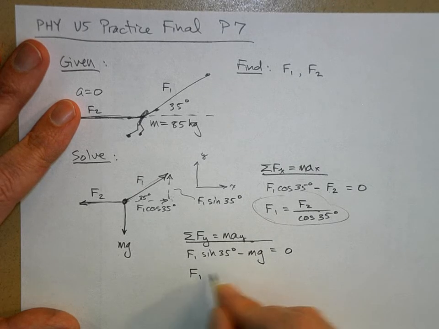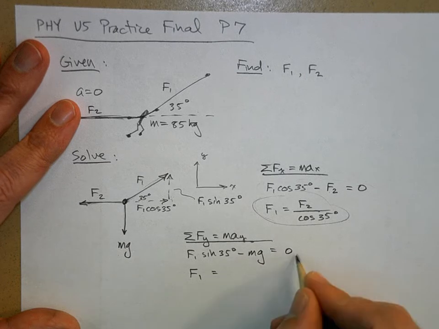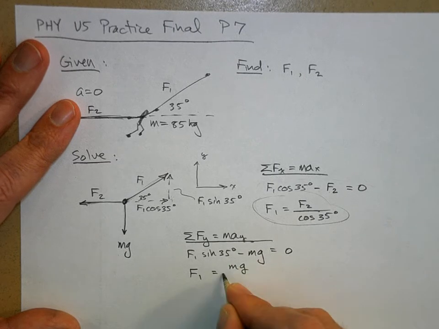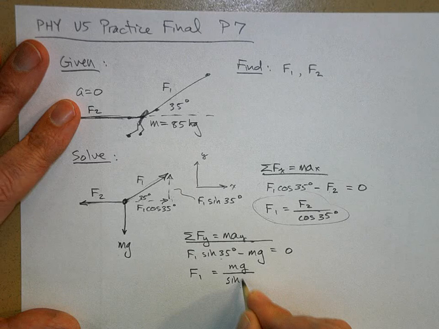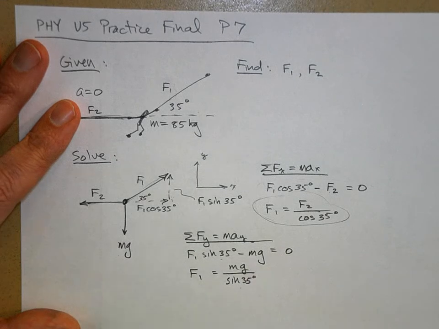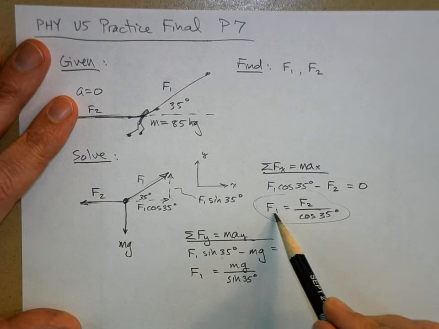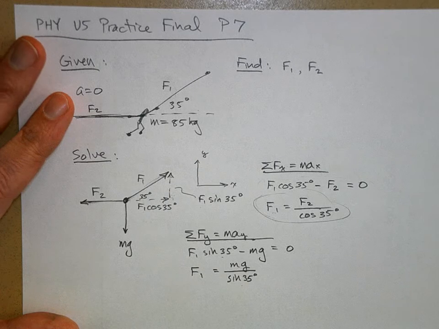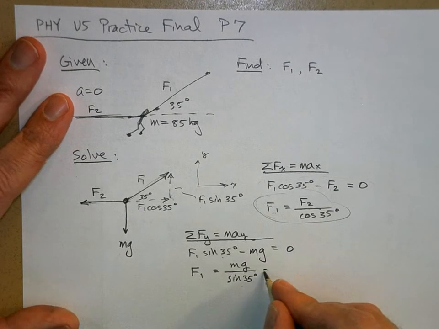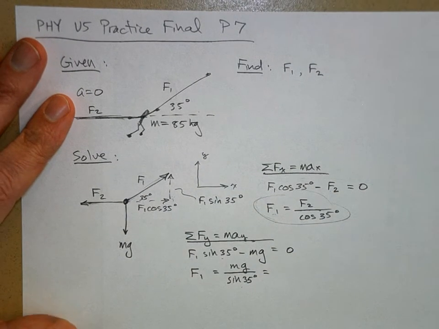So F1 equals, well, I'm going to put mg on the other side and divide by the sine of 35 degrees. Now, I kind of messed this up. I solved for F1, but I really should have solved for F2. But that's easy to fix. Now, what is mg?